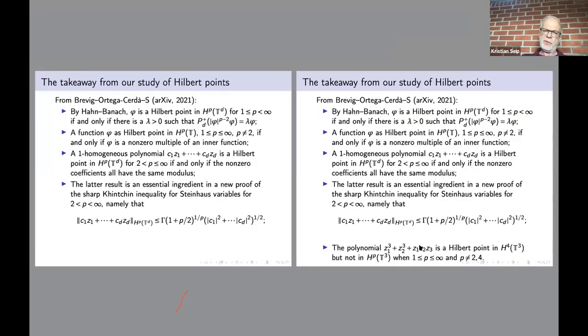And I don't know how plentiful the universe of Hilbert points is. I believe it would be very interesting to find out more about Hilbert points in higher dimensions. They appear as very interesting objects, and who knows, they could also have a role to play in operator theory.